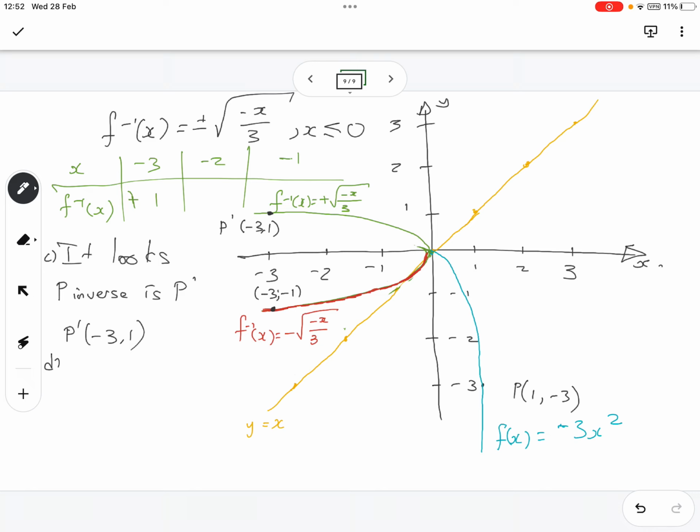And then for D, we have to determine the equation of f inverse, but it looks like we've done that. So we'll just write f inverse, the one that's actually a function, would be positive, or rather. You know what we could have done?